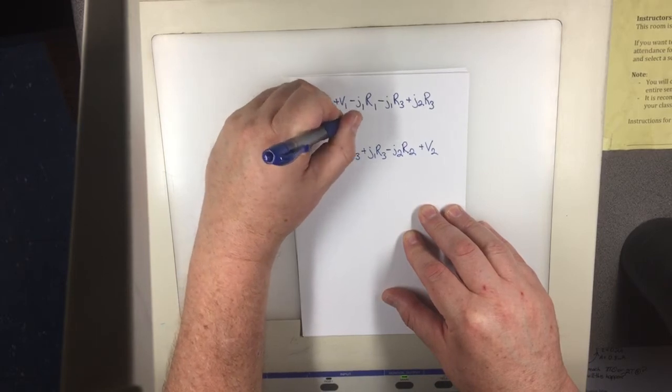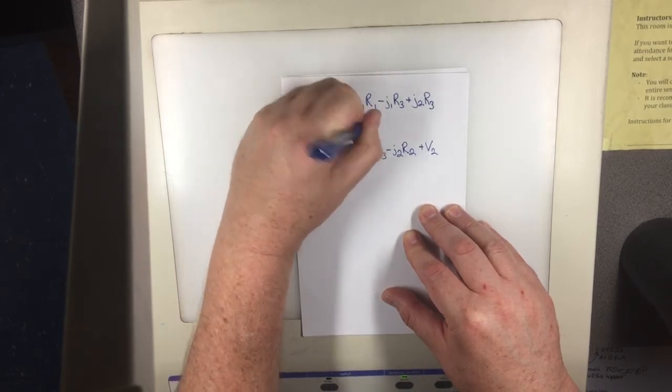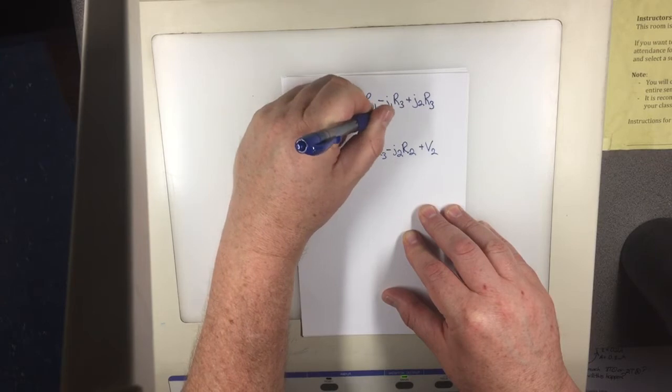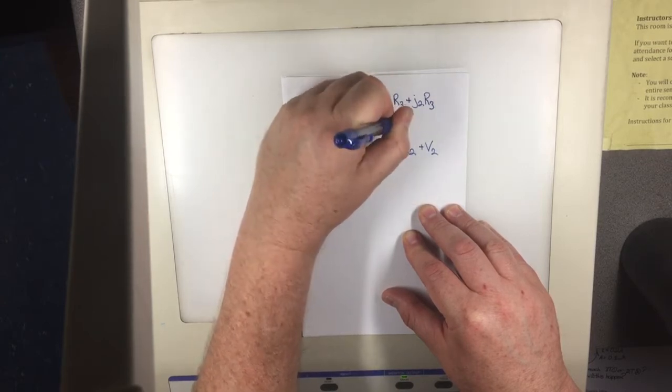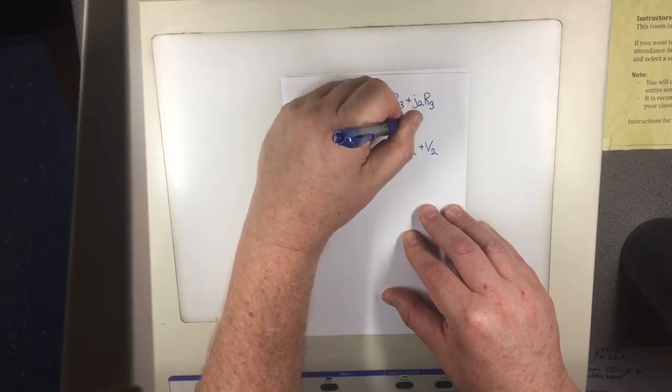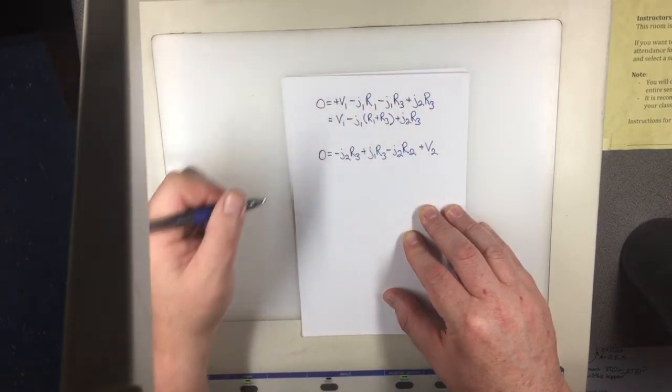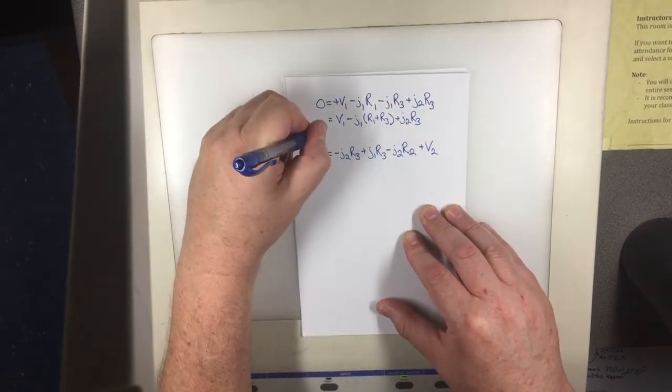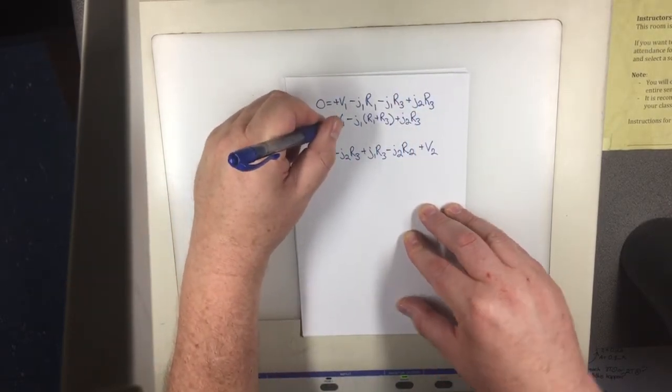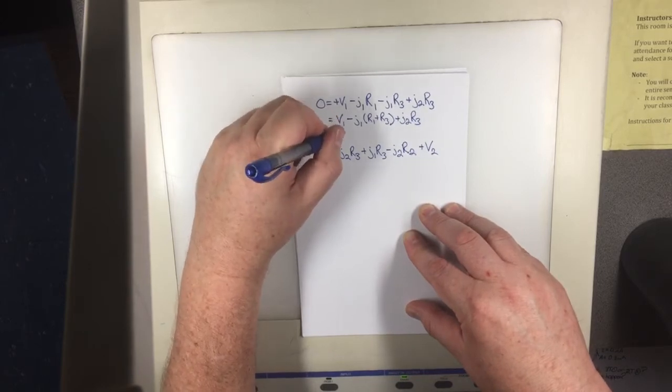So V1 minus J1, R1 plus R3 plus J2 R3. Plug in the values. V1, 42.